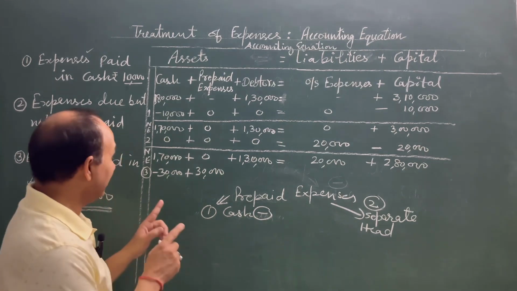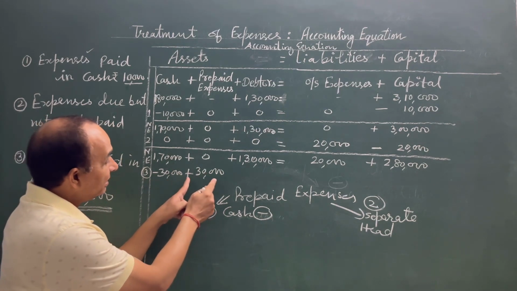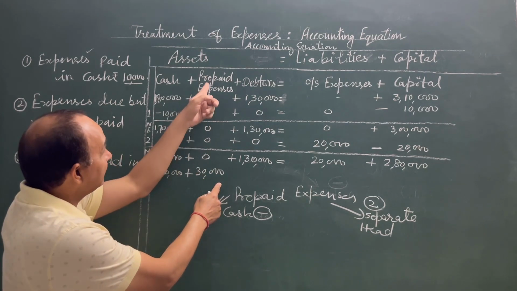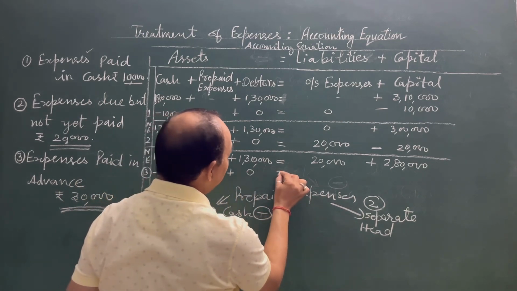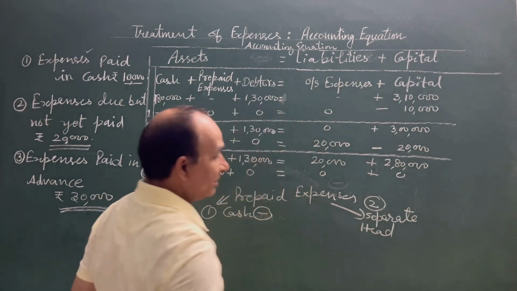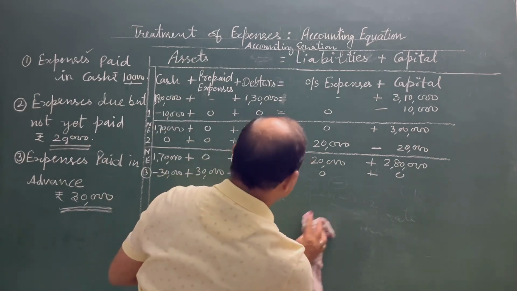So see the effect. On the one hand, one asset is reducing, that is cash. On the other hand, another asset is increasing, titled as prepaid expenses. And there is no effect on other items of the accounting equation. There is nil effect.